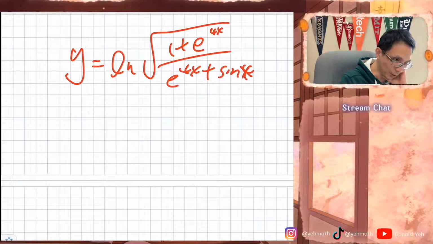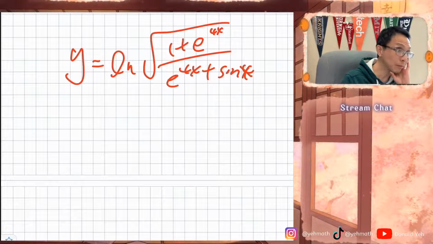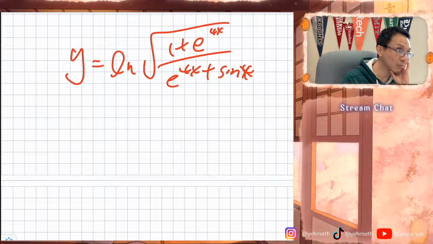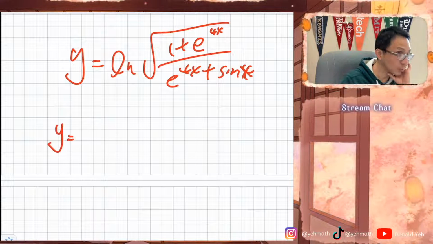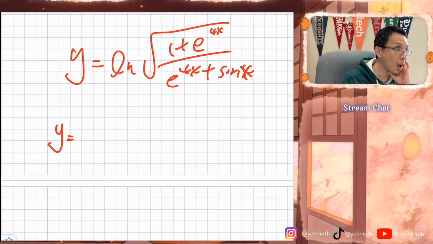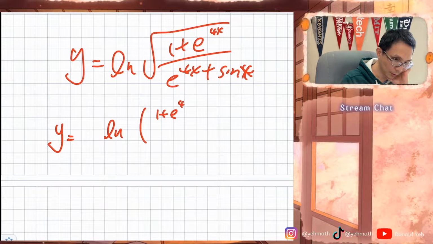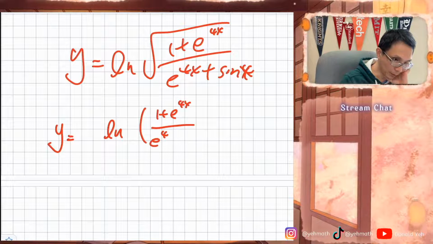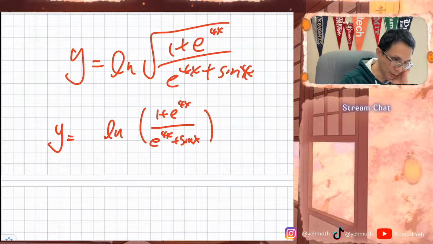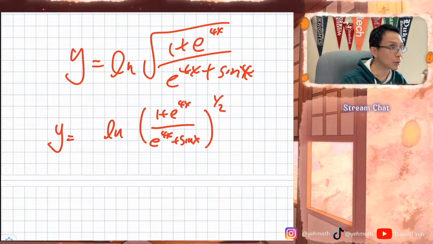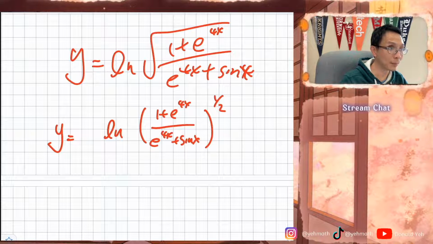Okay, so first of all, I won't do the derivative yet. How do I separate them? Can I change that to the 1/2 power? Yep, e to the 4x plus sine of x, to the 1/2. Once you do the 1/2, did you do this step, Darby?